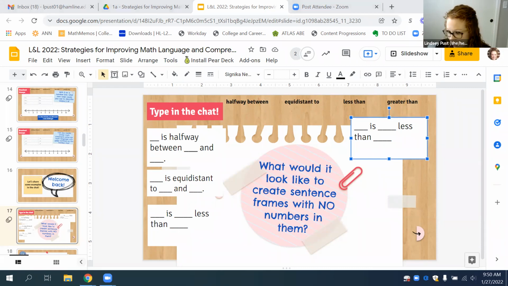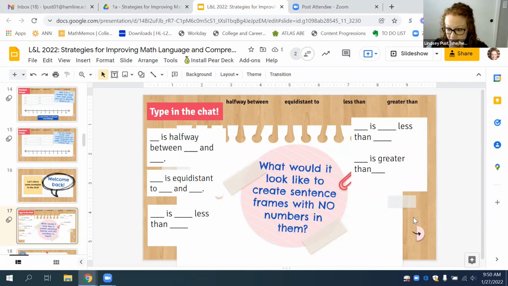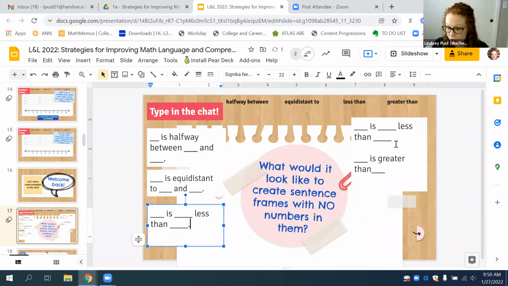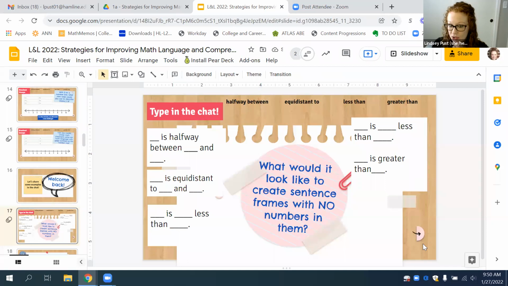Okay, and we could also put blank is greater than blank. Awesome. So these are sentences that we can now use for any number on the number line to describe the relationship to each other.